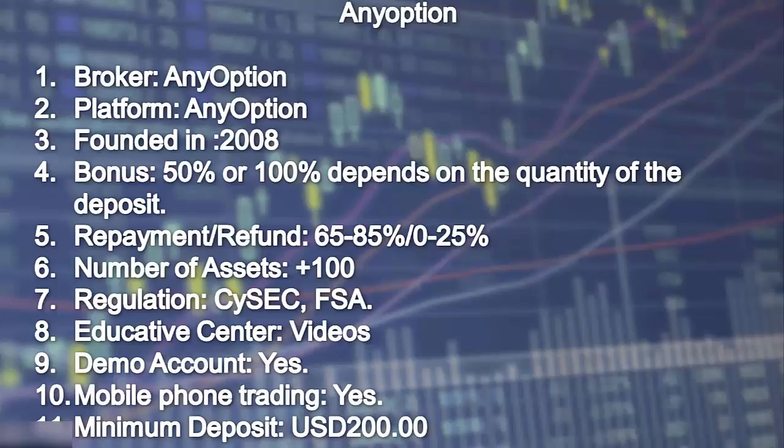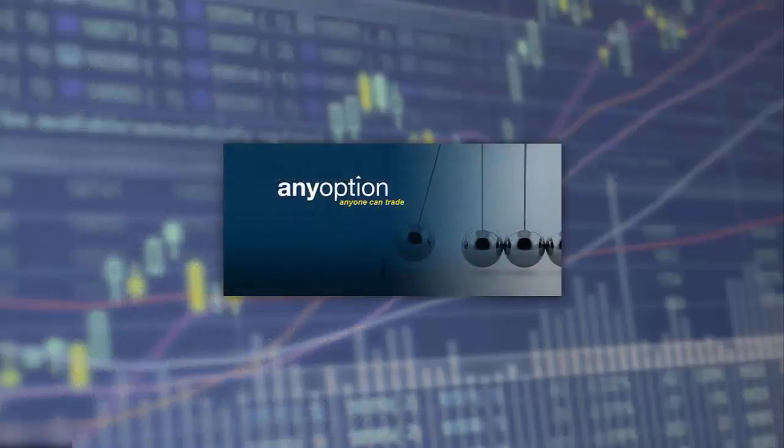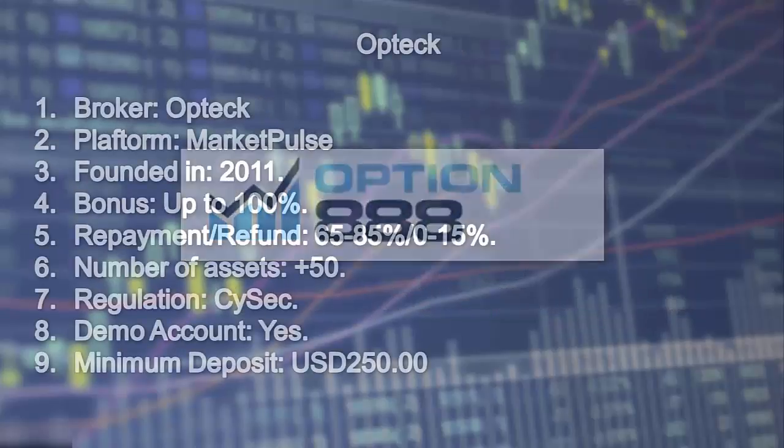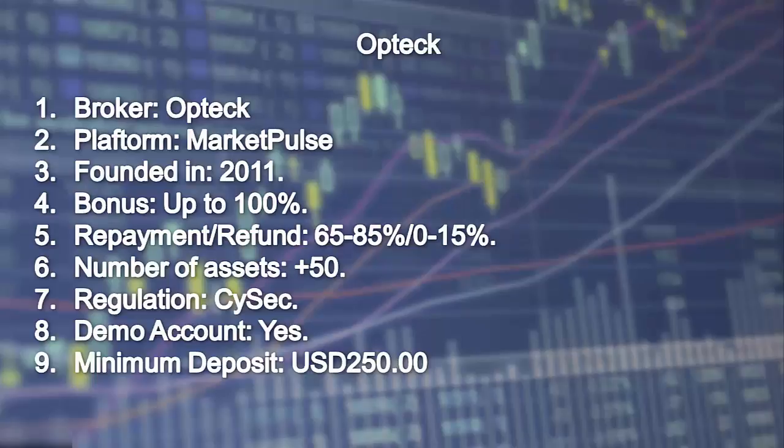Demo account, yes. Mobile phone trading, yes. Minimum deposit, 200 United States dollars. Option 888, platform TradeLogic, founded in 2014. Bonus, up to 100%. Repayment refund, 65 to 89%. Around 200 assets. Regulation, Malta Gaming Authority. Minimum deposit, 250 United States dollars. Optech, platform MarketPulse, founded in 2011. Bonus, up to 100%.